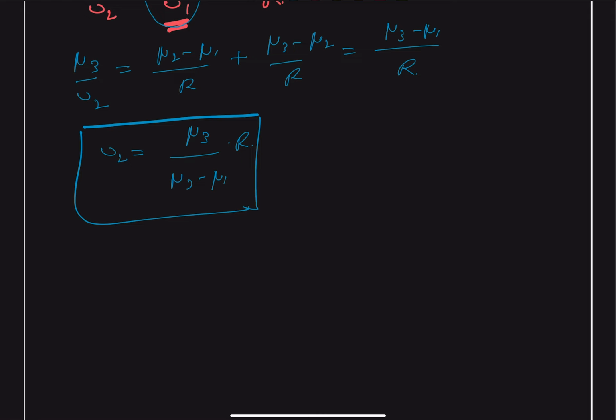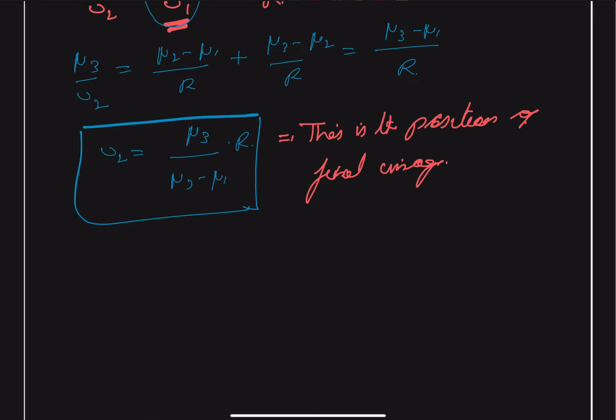This V2 is the final position, or we can say the position of the final image.